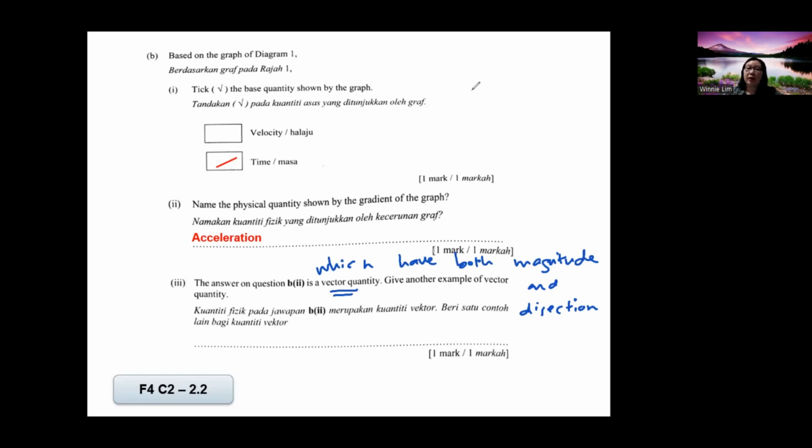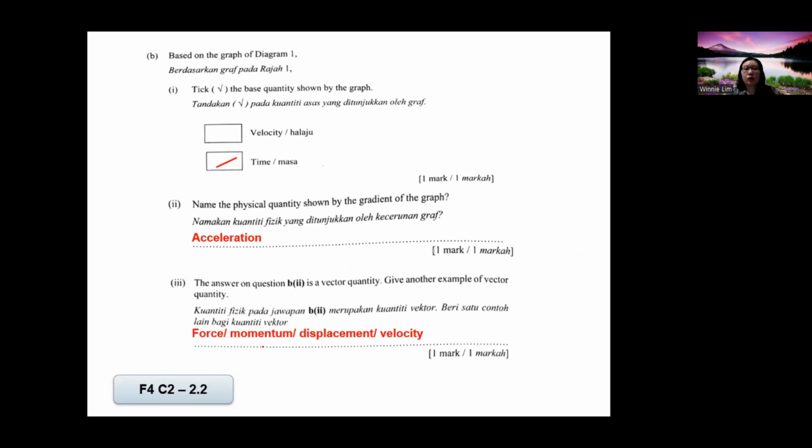That's why when you calculate momentum and impulsive force, you must be careful about the direction. A proper answer would be force, momentum, displacement, velocity, all acceptable. But don't write acceleration again because it is already in B2.